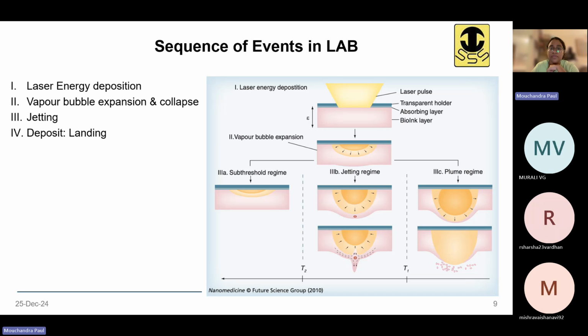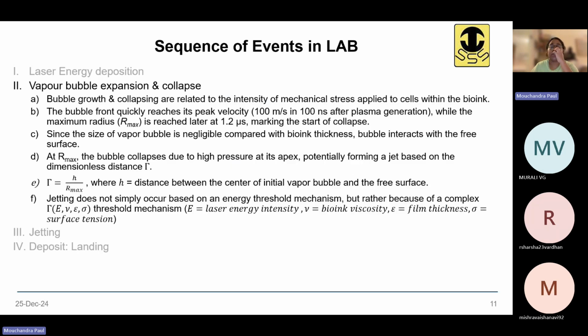As the bubble expands, the radius will increase, and then it will achieve an R max value. After that, the vapor bubble will burst. If you take a ratio between h and R max, you get a dimensionless distance, that is gamma. Using this gamma, they have explained under which circumstances a continuous stream of droplets will be formed. But before we go into that, we should understand that this gamma is a function of several things.